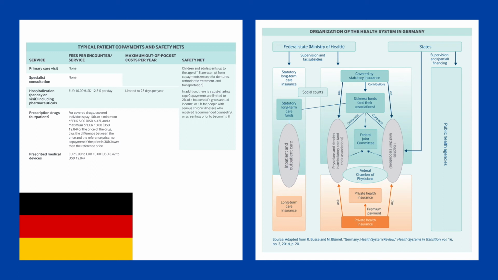funds. There are about 109 SHI funds, and each offers slightly different benefits based on what they've negotiated, but they're reimbursed on a fee-for-service basis, and the fees are negotiated between these SHI funds and regional physician associations. The SHIs were originally to do with what people did for a living.